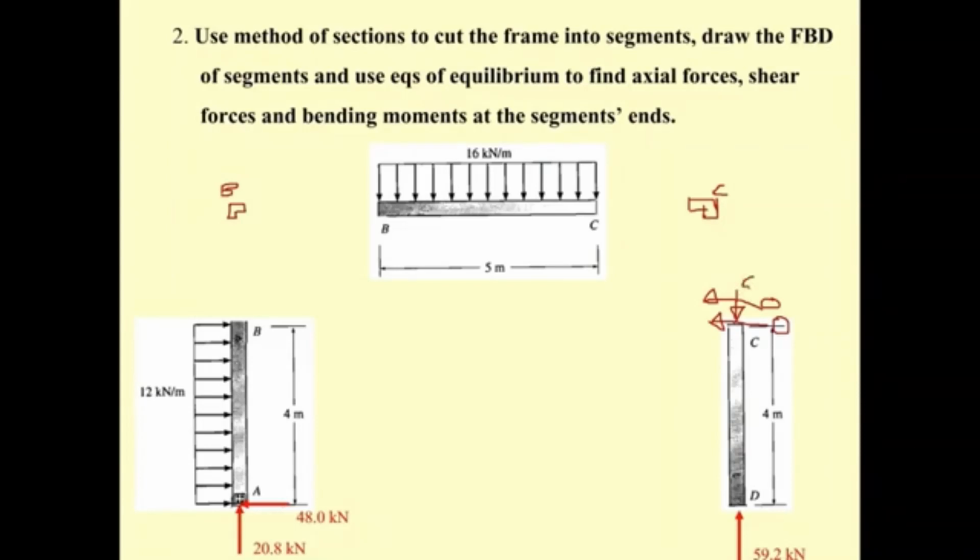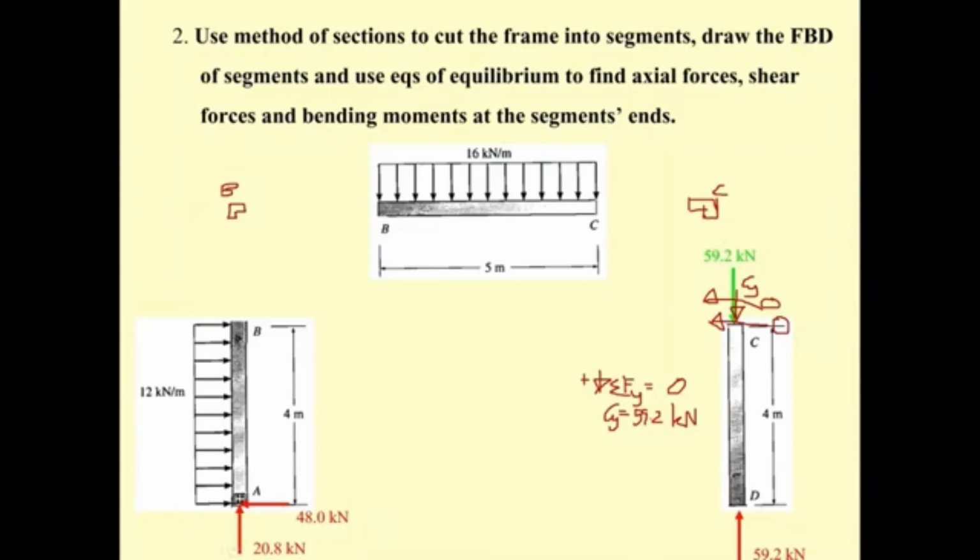So this is said to be C sub y. And if you do the summation of F sub y equal to 0, you may see that your C sub y is going to be 59.2 kilonewton. So you get this green, in the same direction, and then this is 59.2. Let me change this one a little bit to the light green here.